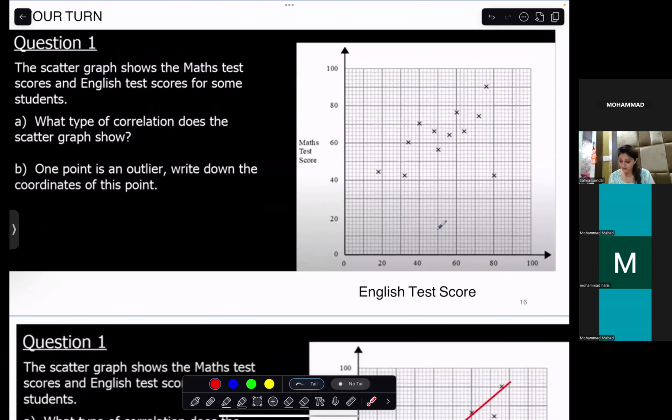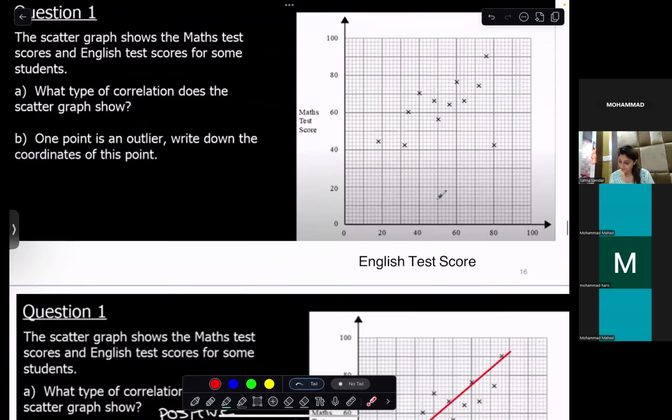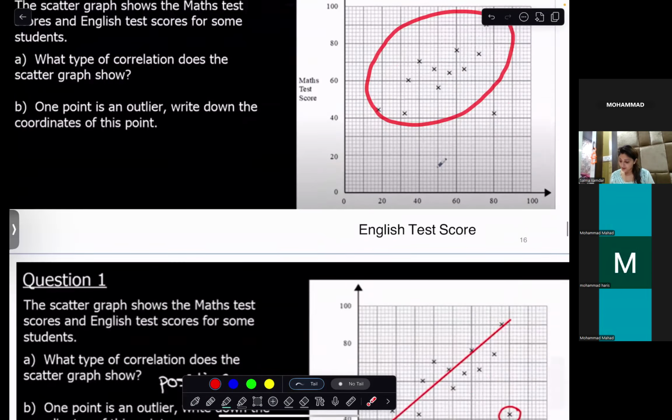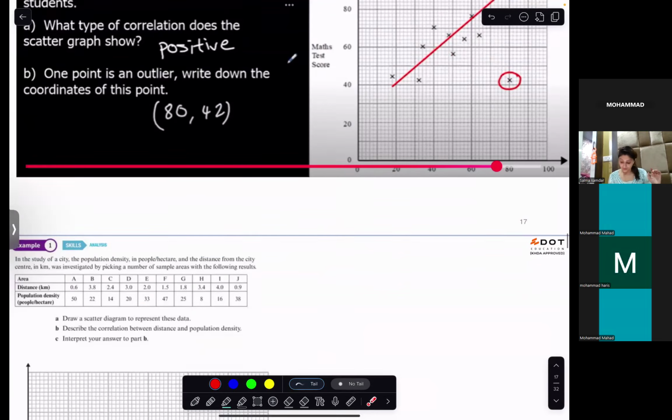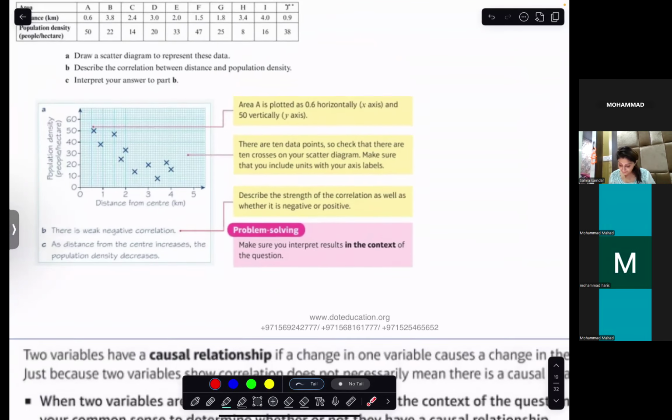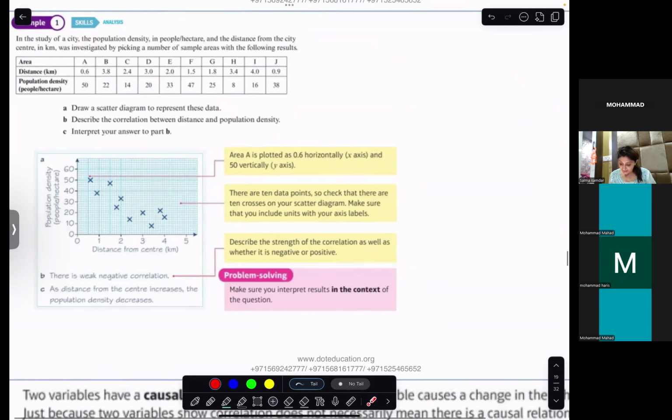Can you tell me what type of correlation this scatter graph shows? It shows a weak positive correlation. Okay, very good. Now over here, describe the correlation between distance and population density.